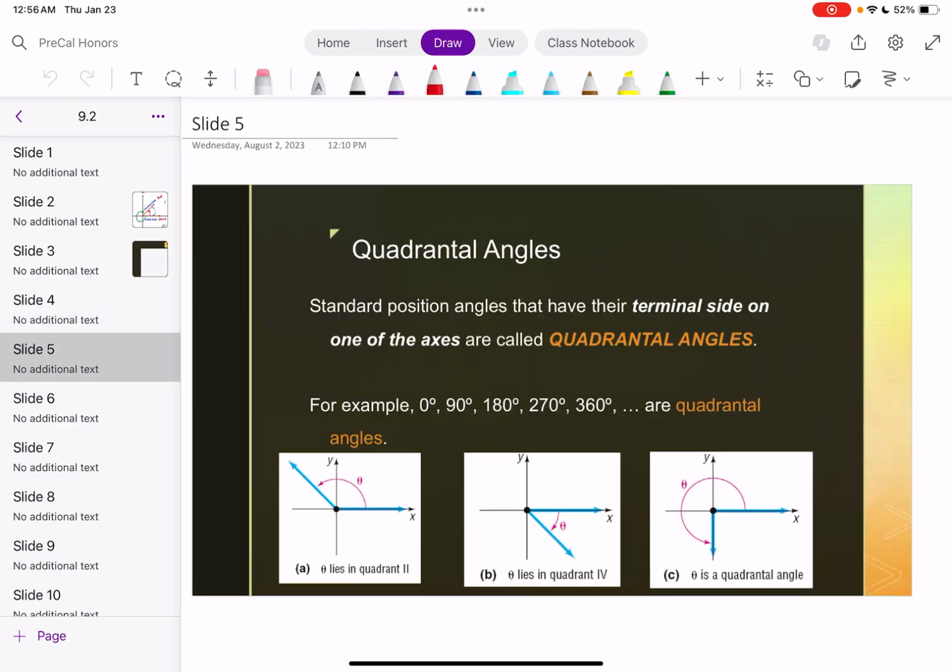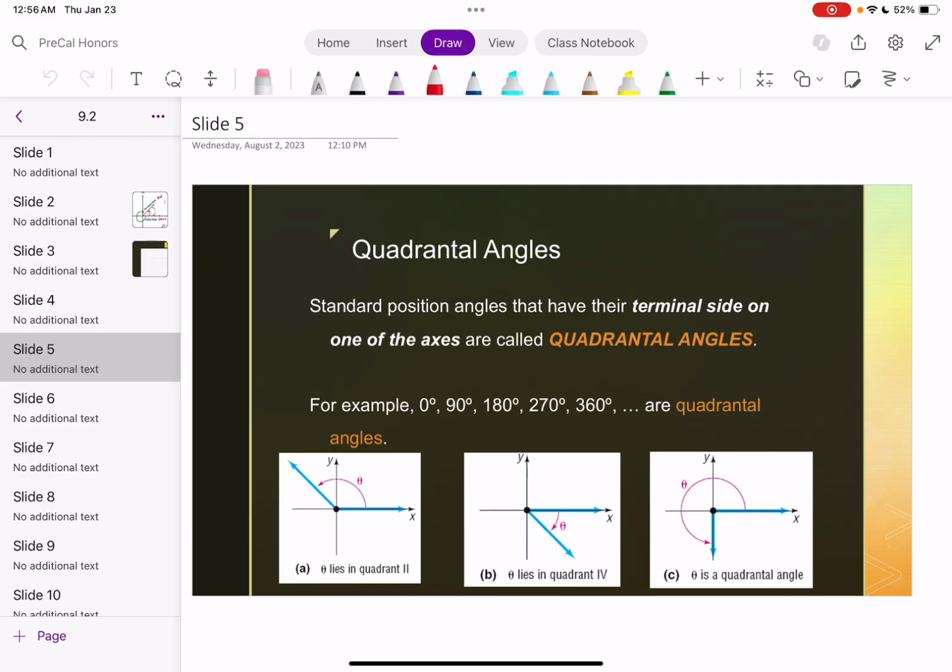Let's go ahead and take a look at slide 5. Now, we understand that there are 4 quadrants within our graph, but it is also possible for us to land on the x-axis or on the y-axis. Landing on your 0, 90, 180, 270, 360, and so on are called quadrantal angles.